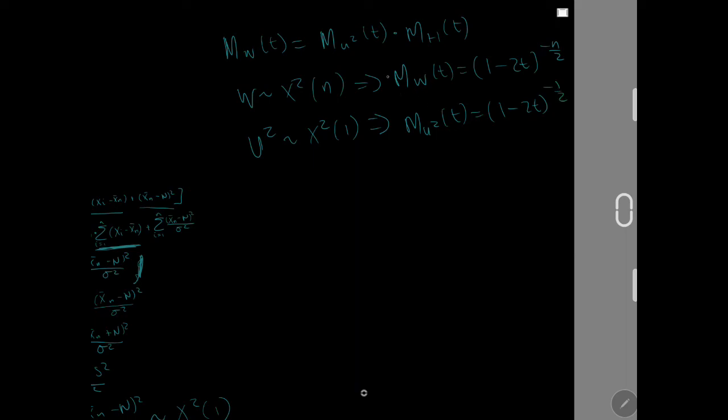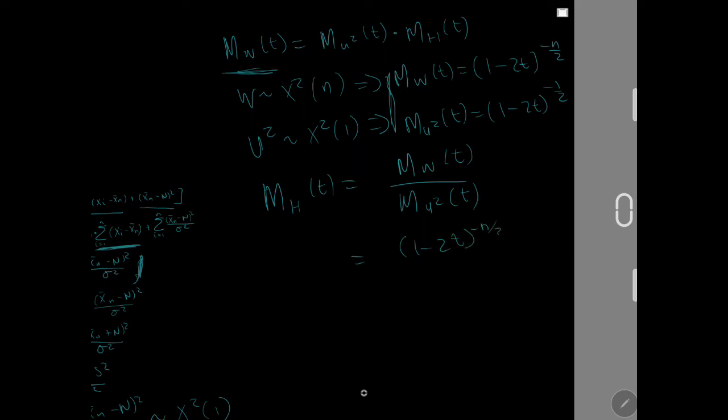So then using these two facts and this fact over here, we can write that the moment generating function of h of t is equal to the moment generating function of w divided by the moment generating function of u squared of t, which is (1 minus 2t) to the power of minus n over 2 over (1 minus 2t) to the power of minus 1 over 2.